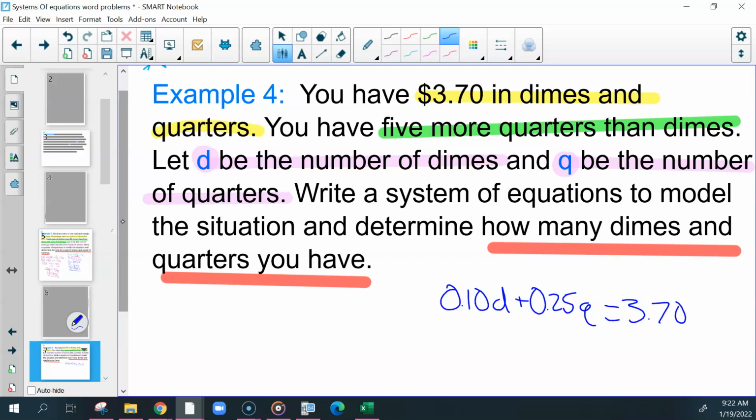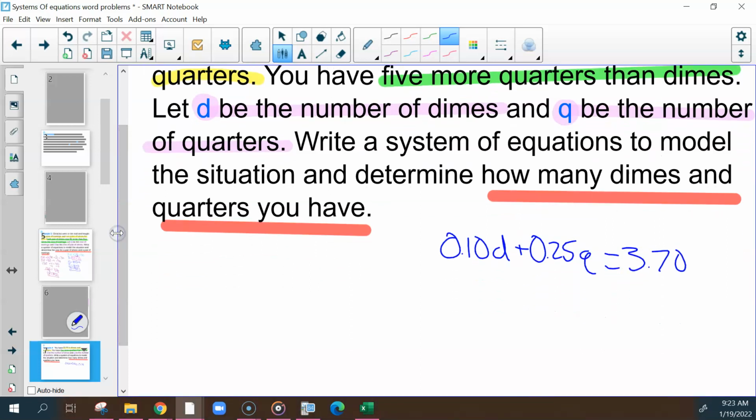Okay. So with these questions, that wording is like the most confusing thing. Think about it like this. If you knew the number of dimes and you added 5 to it, you would get the number of quarters. So yes, what Kat said is correct. Q equals D plus 5. You kind of have to think about it backwards to write out that equation.